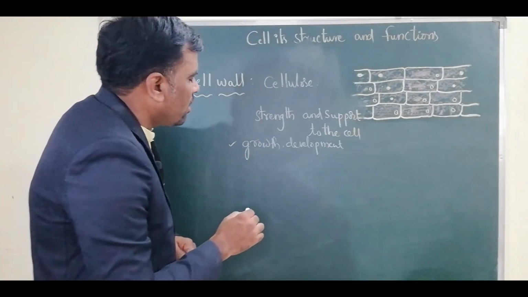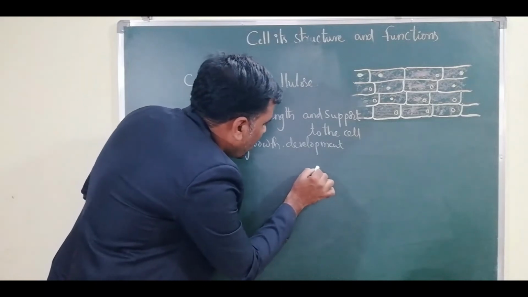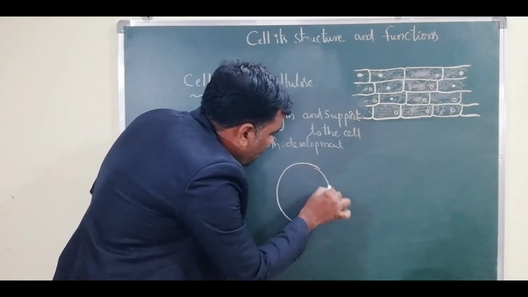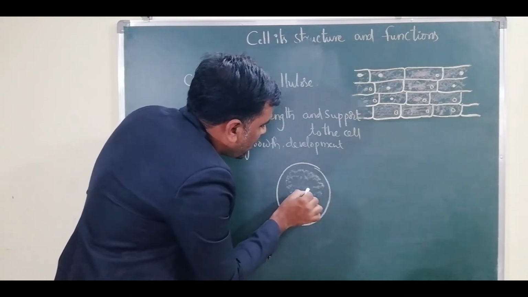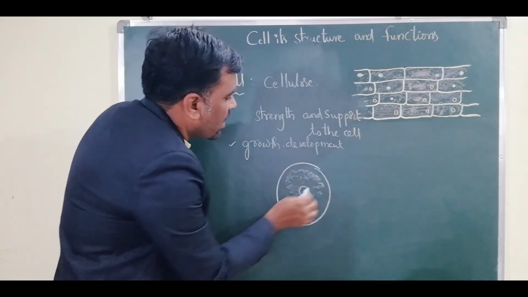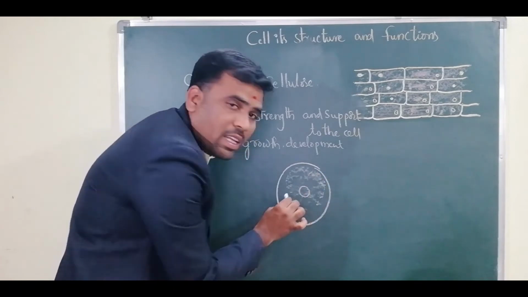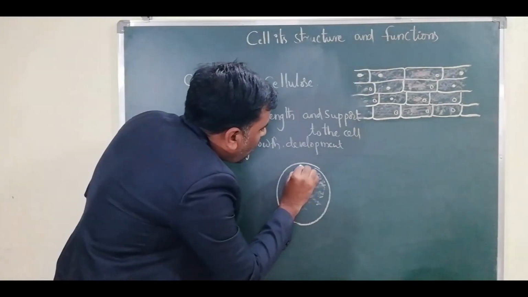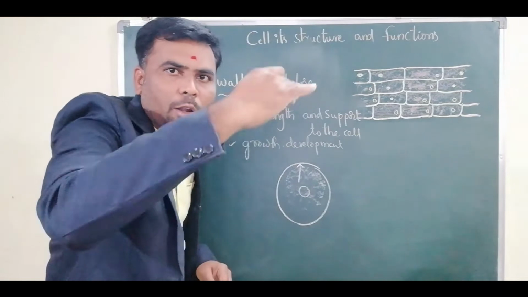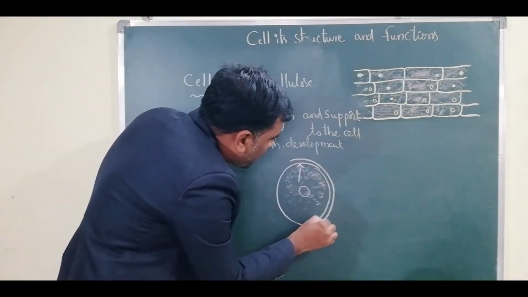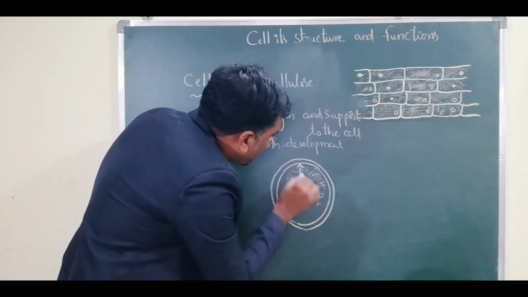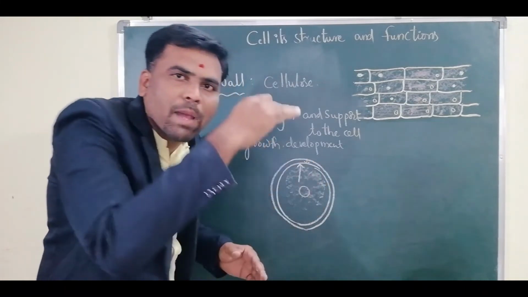Another major function of the cell wall: if you observe the cell, this is the cell, the cytoplasm, and inside the cytoplasm there is a nucleus. The cell sap present in the cell exerts outward pressure. The cell wall exerts inward pressure, which means balancing.